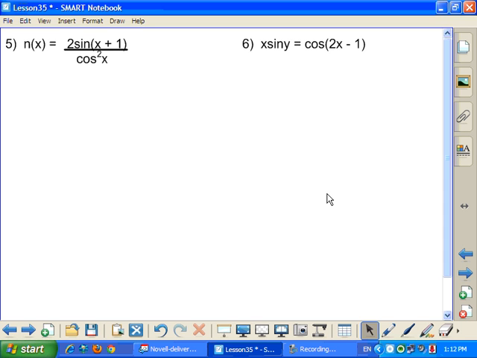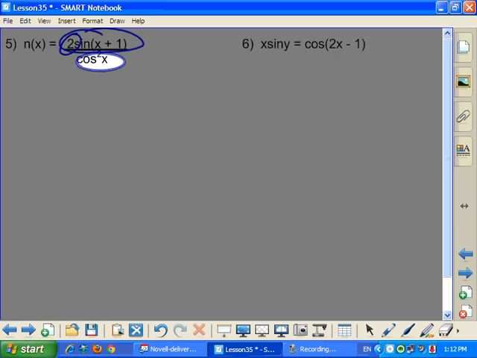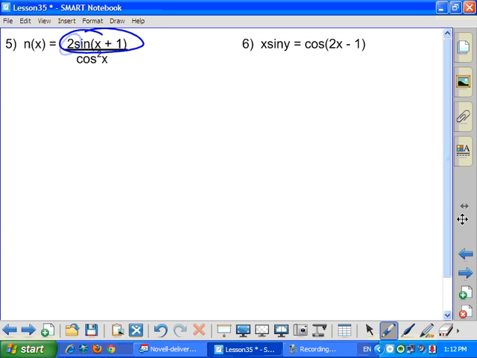All right, so now it gets a little bit more sporting. What do we have going on here? We now have a whole bunch of things going on. We have quotient rule here, and the way I can tell it's a quotient rule is that in the numerator, there's only a trig function. That 2 is a coefficient, so it's not a product rule; there's one function dividing another function. So we're just going to use quotient rule.